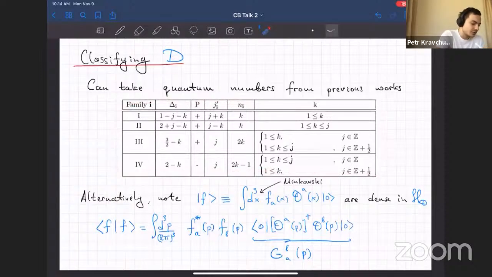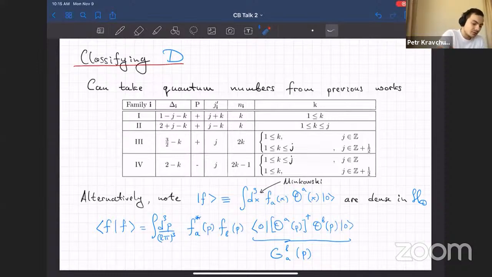you can also get it in a more hands-on way by finding a clever way of detecting null descendants. To do that, you can observe that you can create states in the Hilbert space not just by using radial quantization, but you can go to the usual quantization by flat slices, which we discussed in the beginning of the talk.